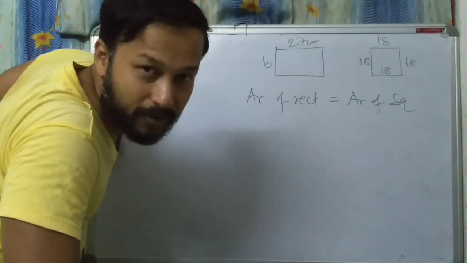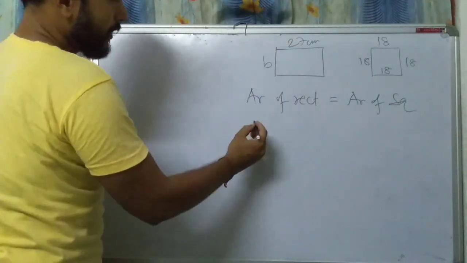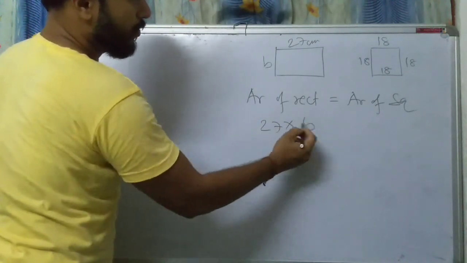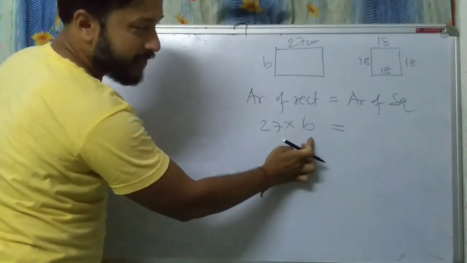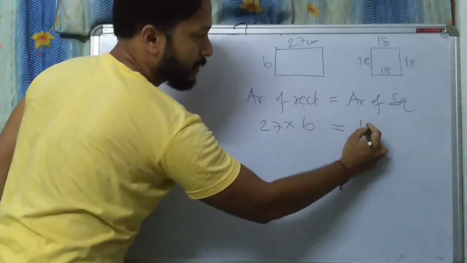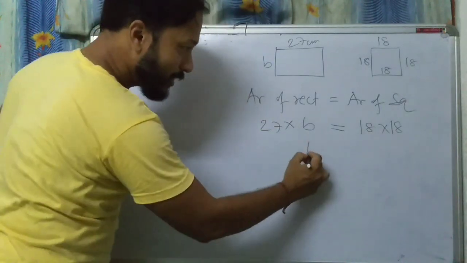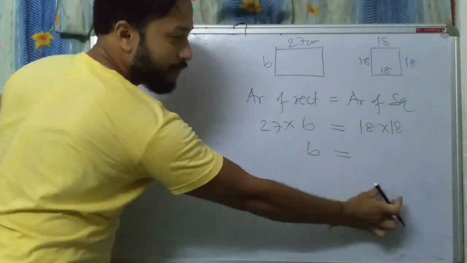What is the formula of area of a rectangle? Length into breadth. So 27 into breadth equal to area of the square, side into side. Okay. So what is breadth? This 27 will come down.